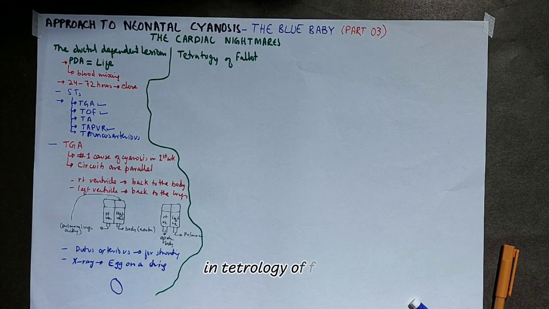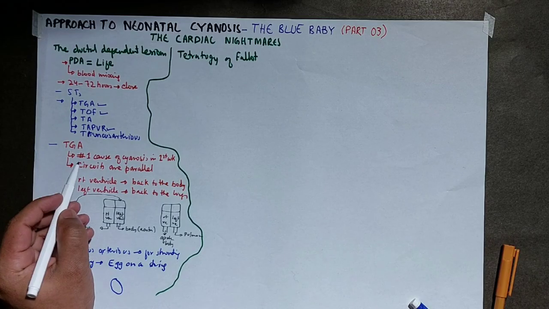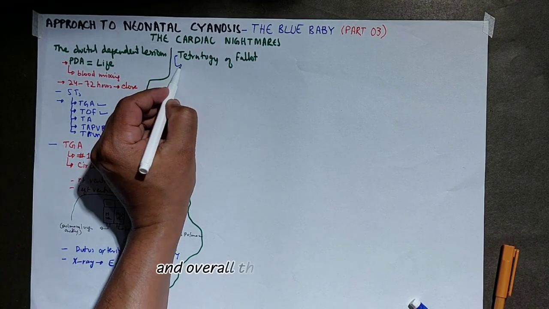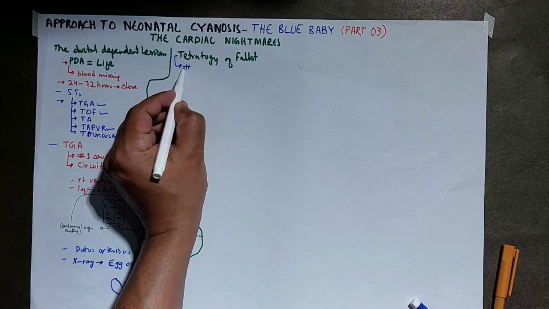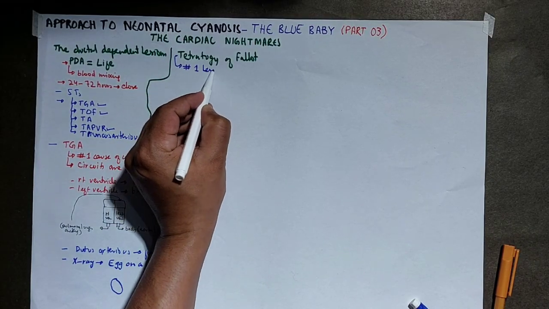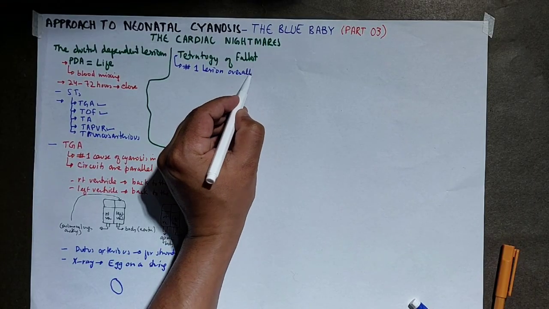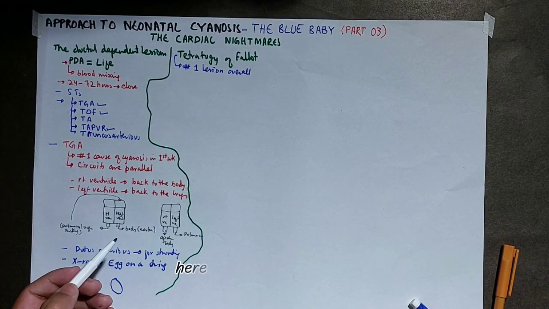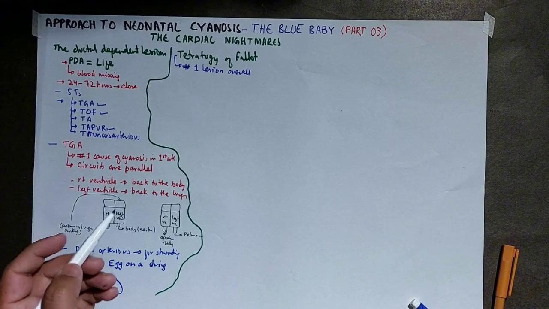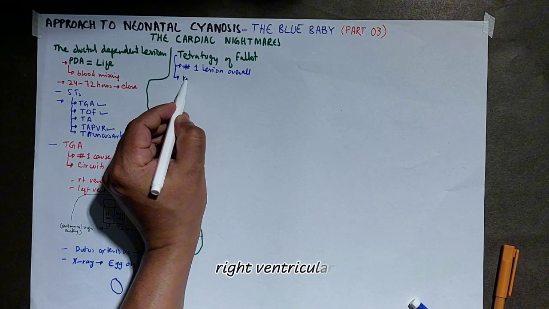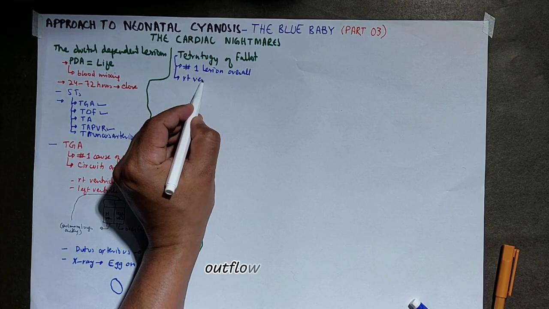In Tetralogy of Fallot, this is the number one cyanotic lesion overall. This is the number one cause of cyanosis beyond the first week, and overall the number one lesion is TOF. Here the problem is basically right ventricular outflow obstruction.